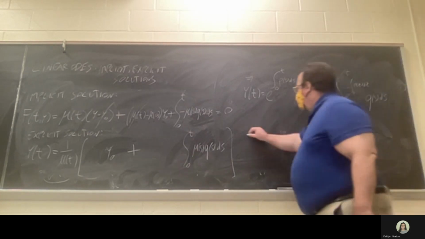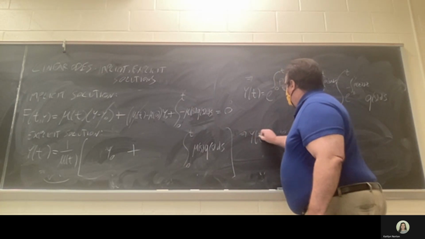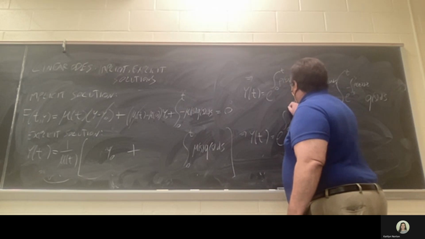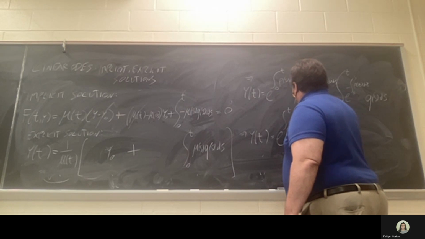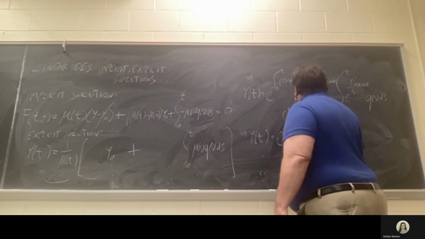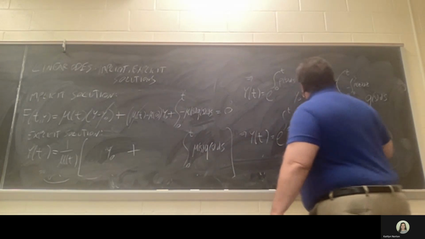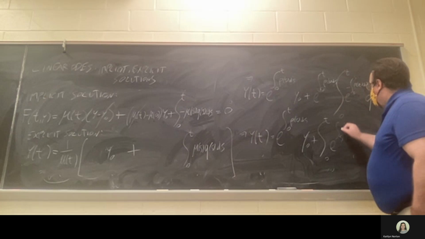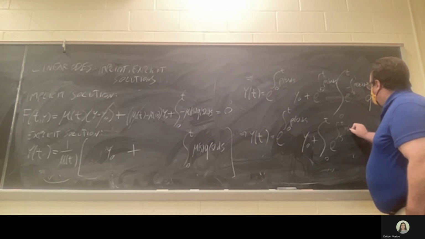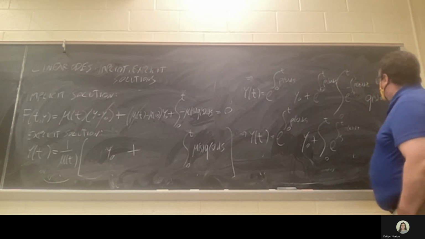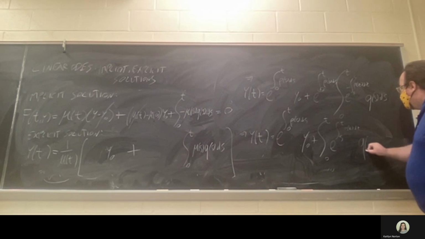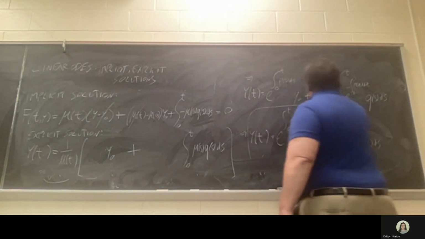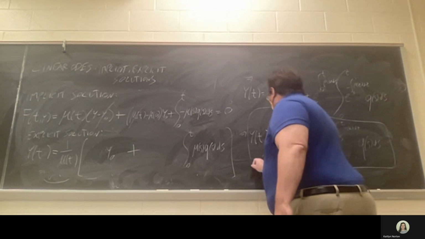So my final form is e to the integral 0 to t p s ds y naught plus integral from 0 to t e to the integral from s to t p of z dz q s ds. So this is what I was really going for in my messy box.